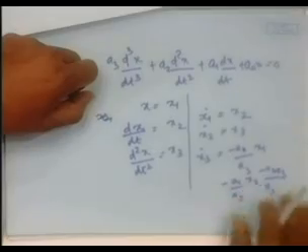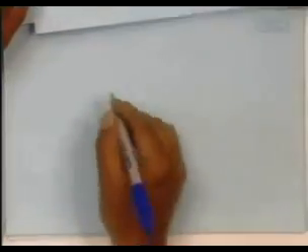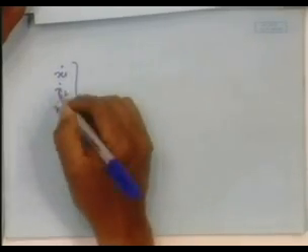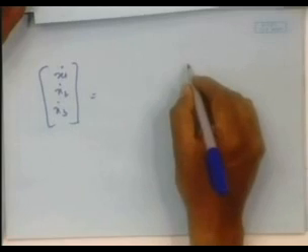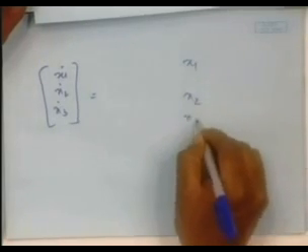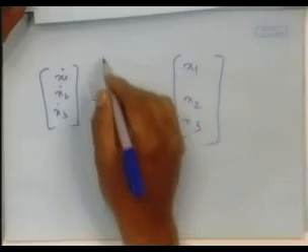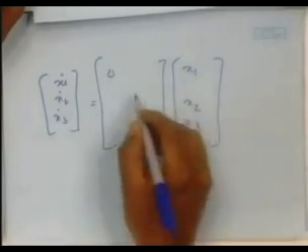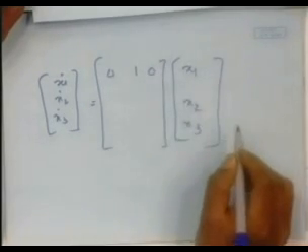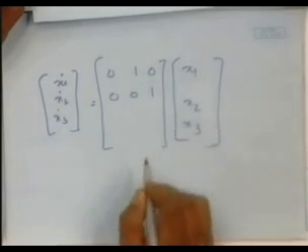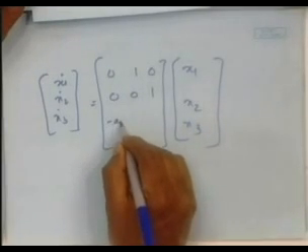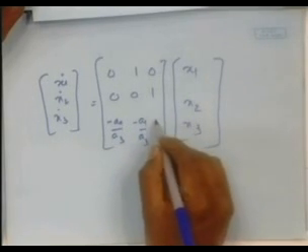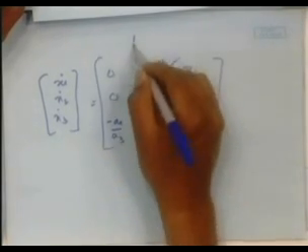So if you write in matrix form, you get x1 dot, x2 dot and x3 dot, and you write x1, x2 and x3 here. So here you write 0, 1, 0, then 0, 0, 1, then minus a0 by a3, minus a1 by a3, minus a2 by a3. So this matrix is the companion matrix.